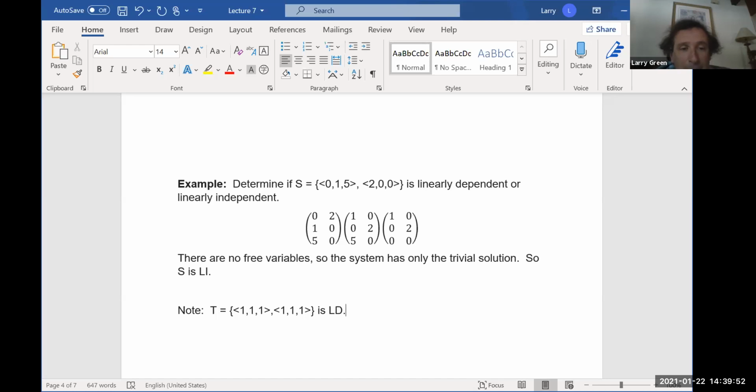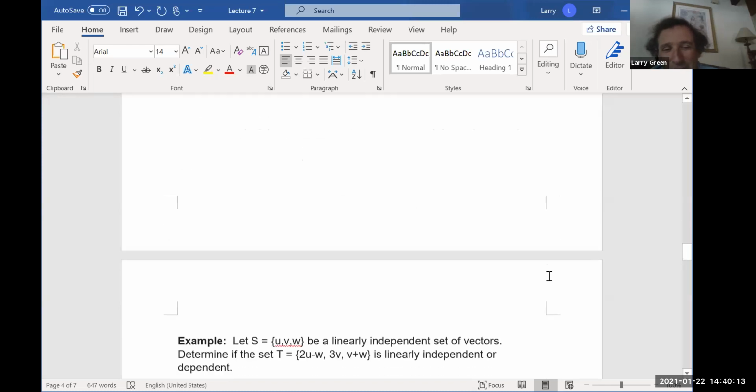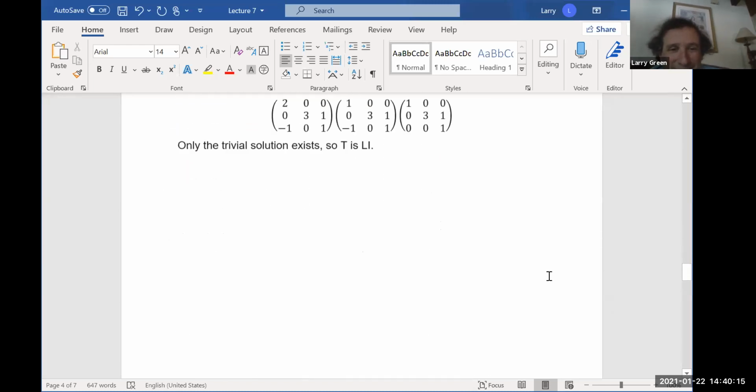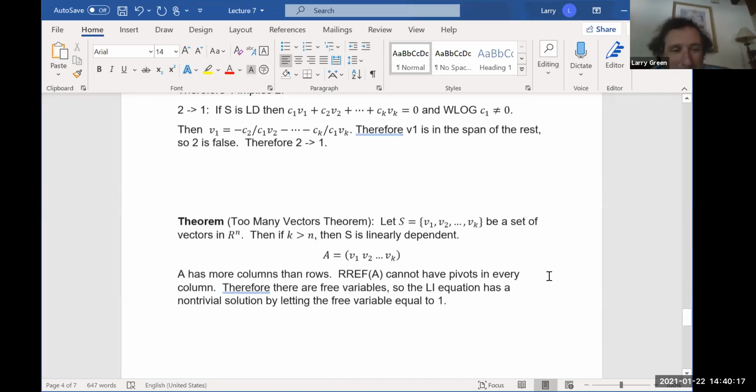But here, K is less than N, right? We have 2 vectors in R3. So either could happen, which is why there's no theorem. You never write down a theorem saying, given a bunch of stuff, we know nothing, and that's what that theorem would be, which isn't very interesting. Okay, so let's move back.